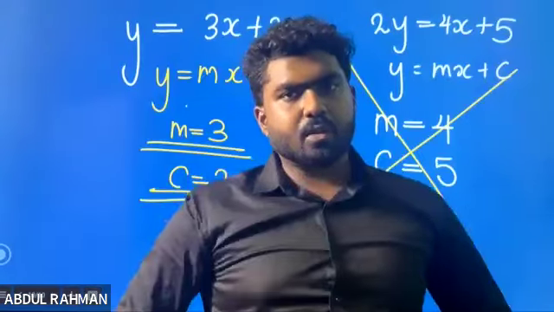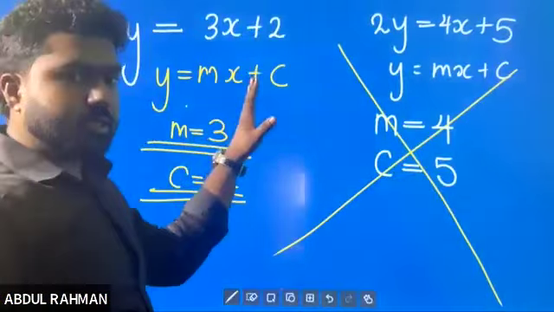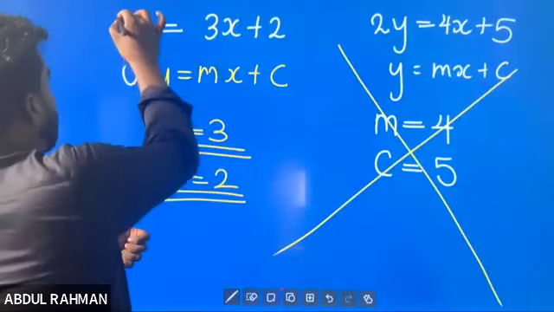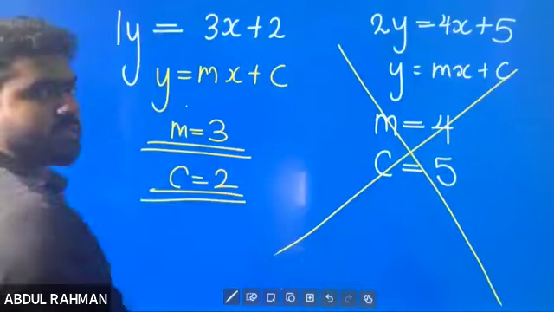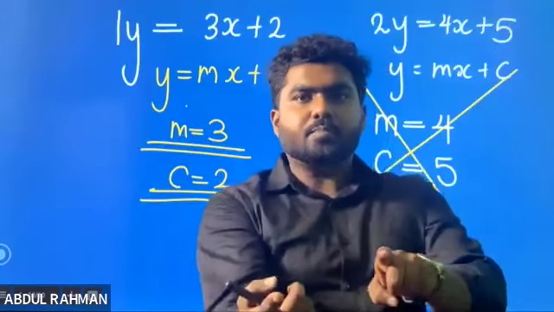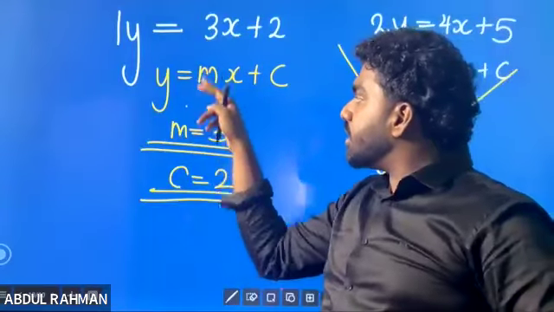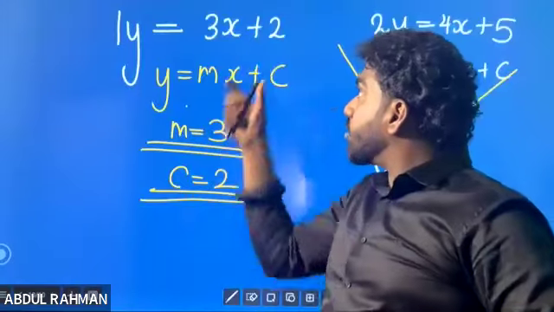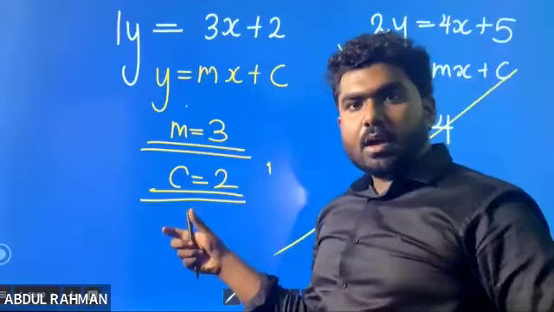At this point, why it was correct is that I had the coefficient of y as 1. Only if the coefficient of y is 1 can I say m is equal to 3, and take the coefficient of x as the gradient and the constant term as c.